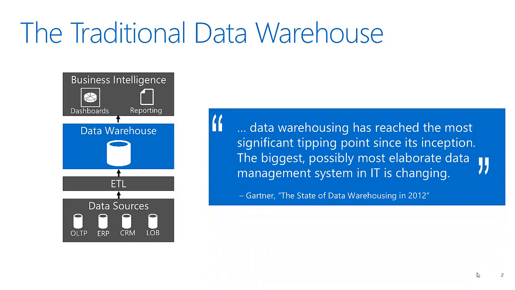So, the way traditional data warehouses have been built for many years is it usually starts from a business requirement. The business users want to have some kind of consolidated view over the business. They define requirements for the measures and KPIs, as well as dimensions they want to see in their reports and dashboards.